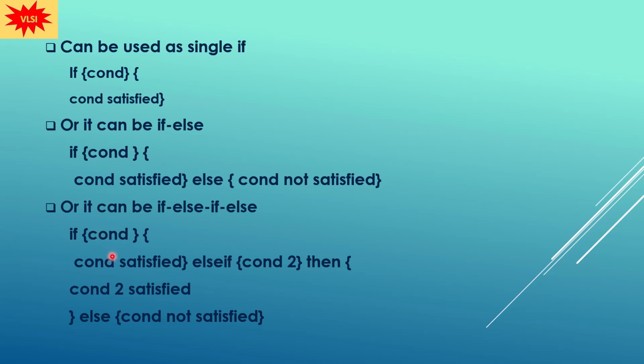So if my first condition is satisfied, the first body will be executed. Else if my second condition is satisfied, then whatever is written in this second condition gets executed. Else, this one is the default.